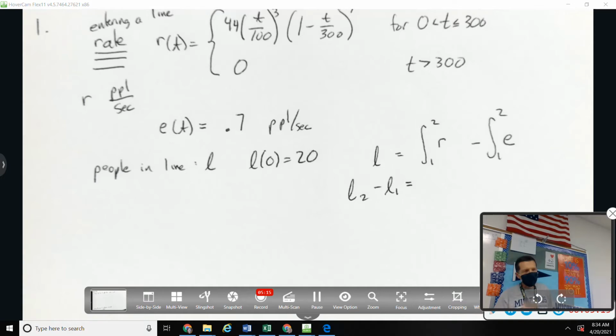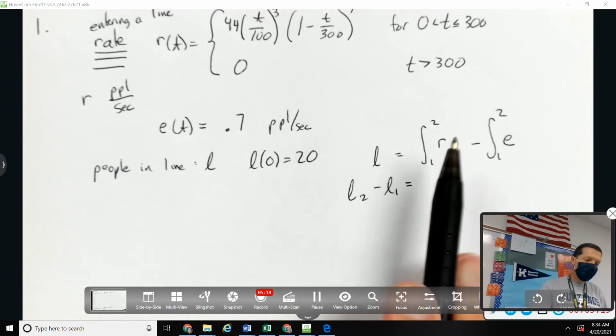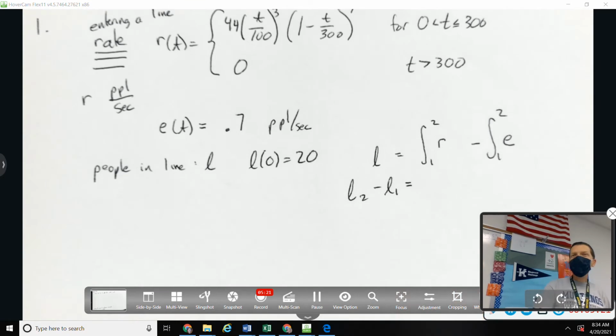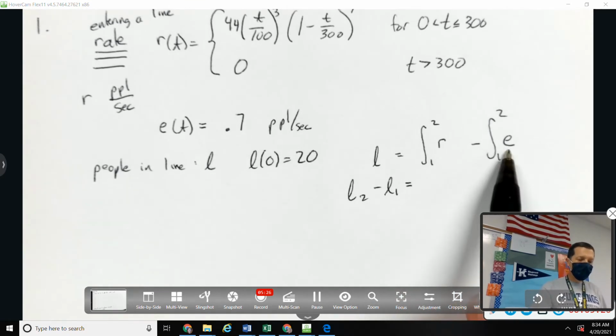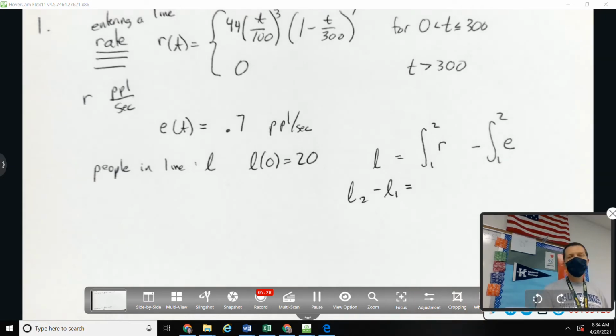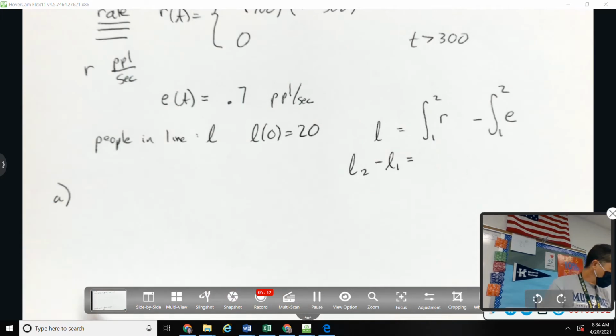If you integrate a rate, you get an amount. So if I integrate the number of people getting on, that's the number of people we've added to the line. If we integrate the exiting people, that's the number of people getting off. Part A. How many people enter the line for the escalator during the time 0 to 300?